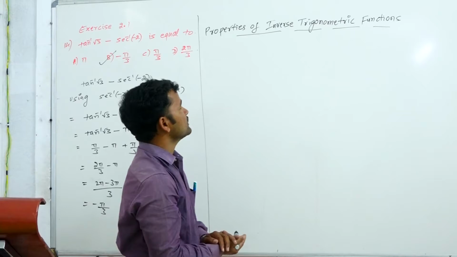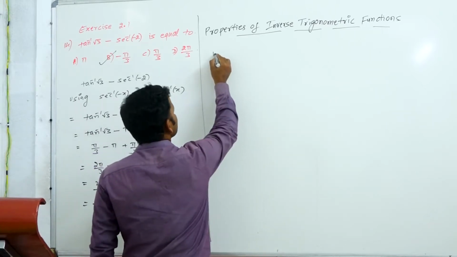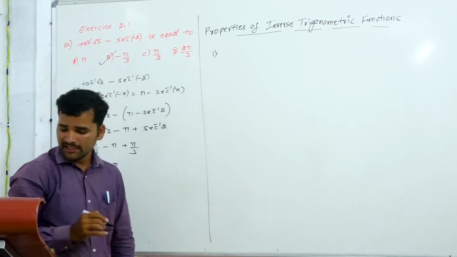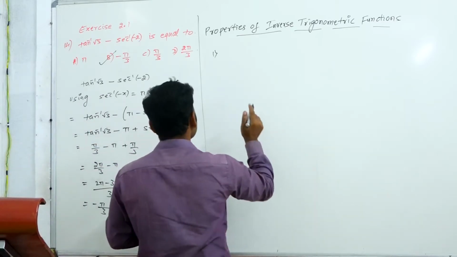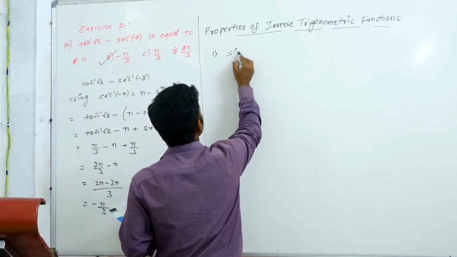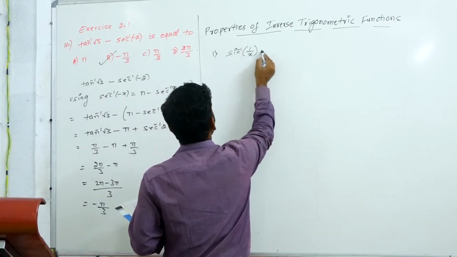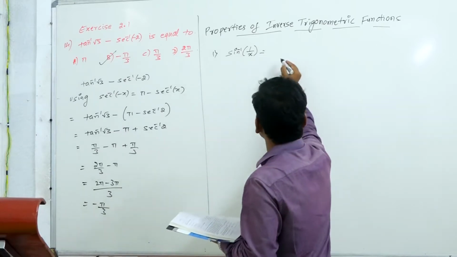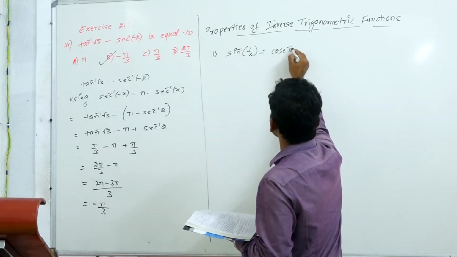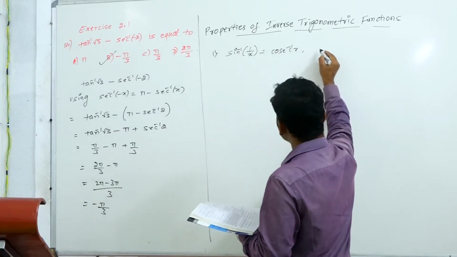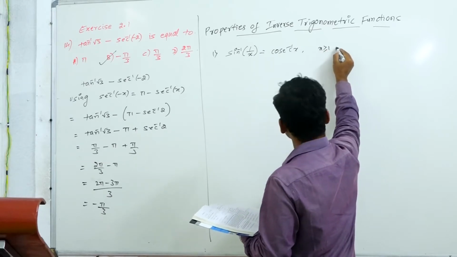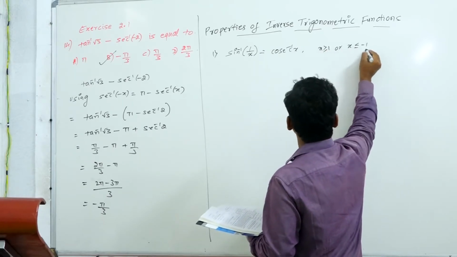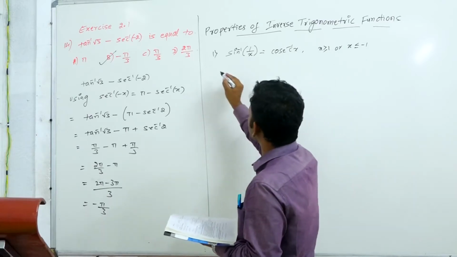Now coming to the properties of inverse trigonometric functions, let me write the first property. We have sin inverse of 1 by x is equal to cosecant inverse of x. This is valid when x is greater than or equal to 1 or x is less than or equal to minus 1.